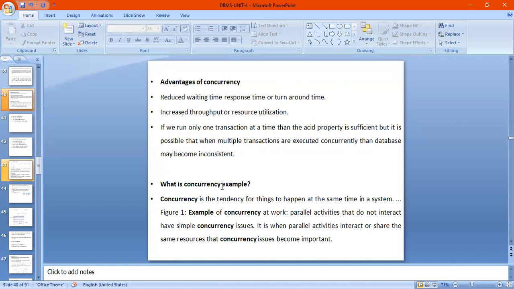Next, what is a concurrency example? An example of concurrency is the tendency for things to happen at the same time in the system. For example, parallel activities that do not interact have simple concurrency issues. It is when parallel activities interact and share the same resources that concurrency issues become very important.